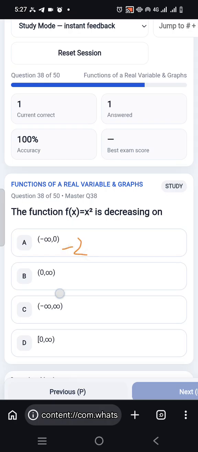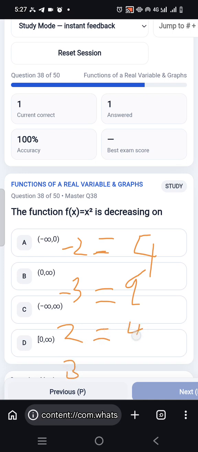Write any two negative numbers, then experiment, square them. This one will give me 4, this one will give me 9. So write two positive numbers as well, and experiment, 4, 9. This one from -2 to -3, -2 is bigger, -3 is less. Do you get it? So it's decreasing.